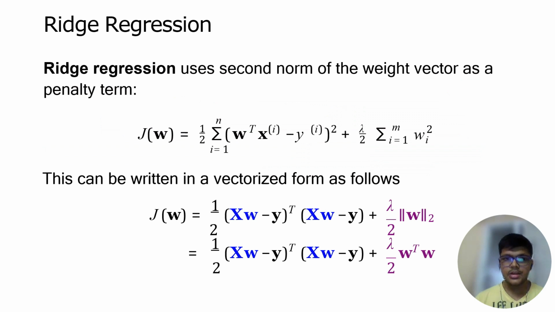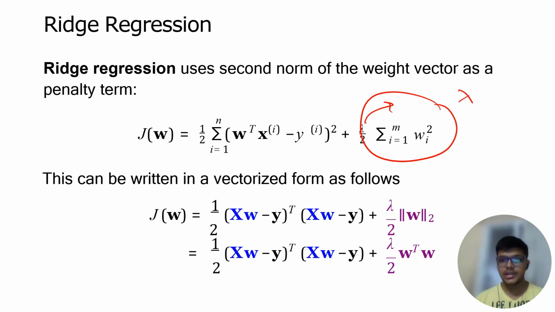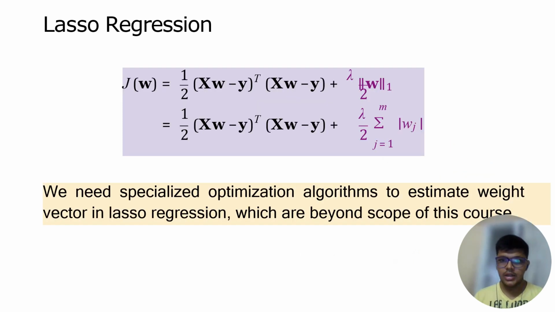We can see here in ridge regression, this term gets added. Now this is a regularization constant. So lambda is a hyperparameter that needs to be tuned by the user, and that can be chosen by seeing how the loss graph is behaving. We can do that while practically making use of it. So here we can see that it is W transpose W. As I've mentioned, for lasso it is a summation of W.